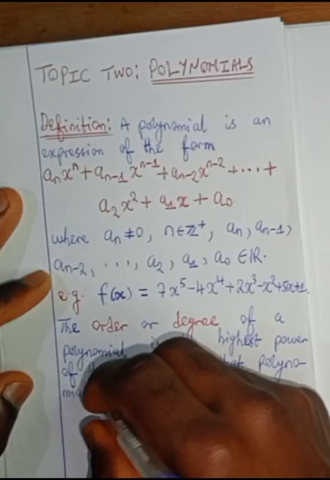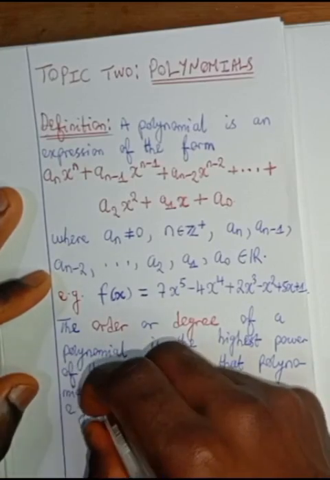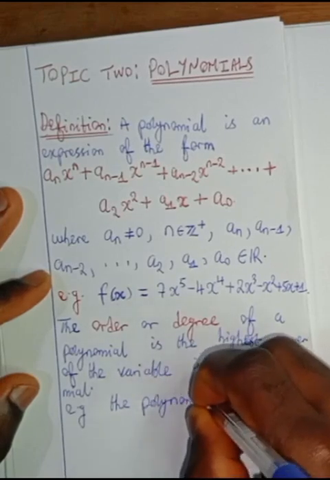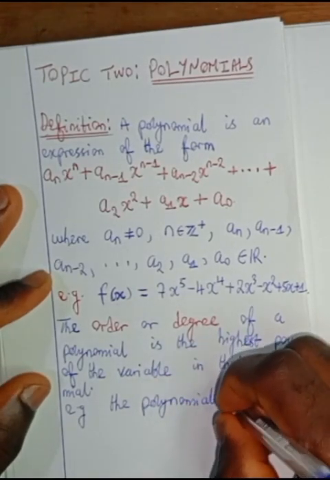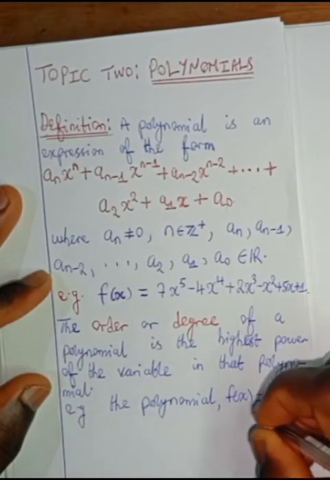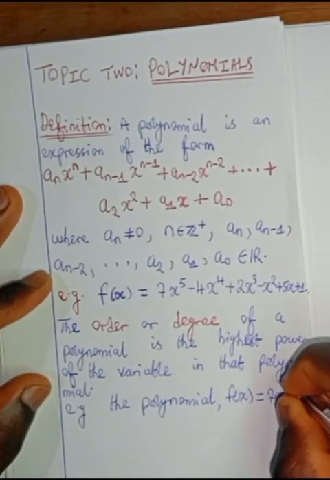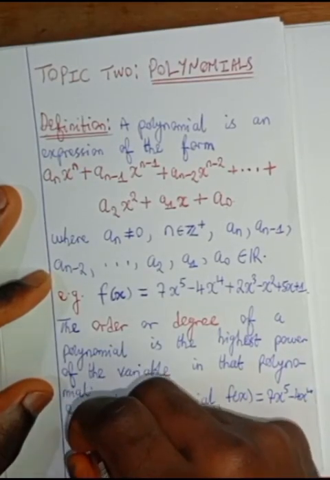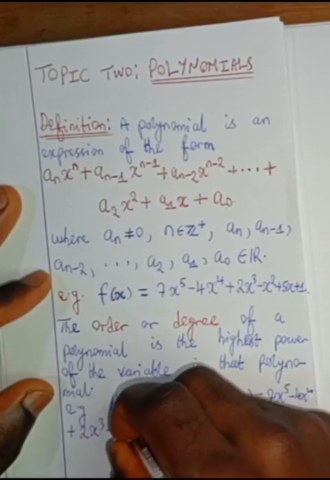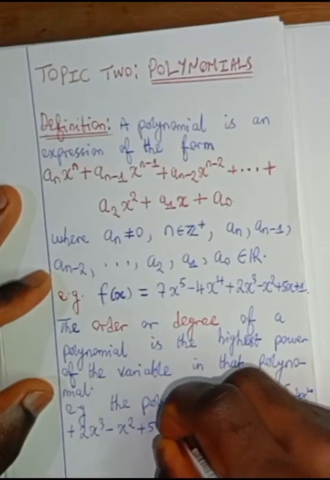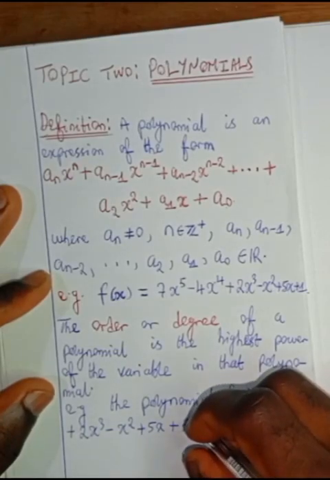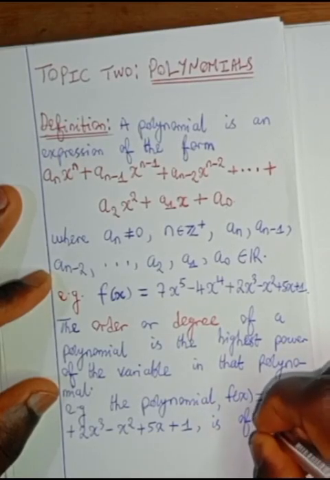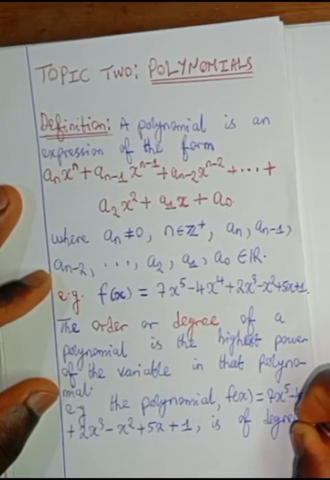Let's take an example, e.g. the polynomial f of x equal to 7x to the power 5 minus 4x to the power 4 plus 2x cubed minus x squared plus 5x plus 1 is of degree 5.